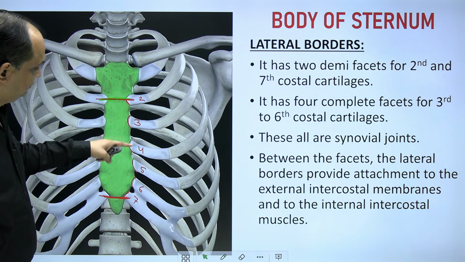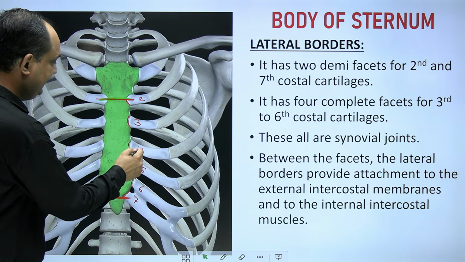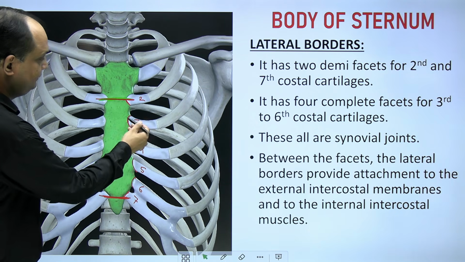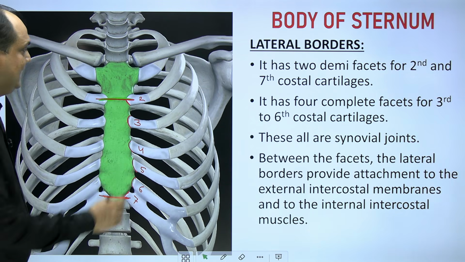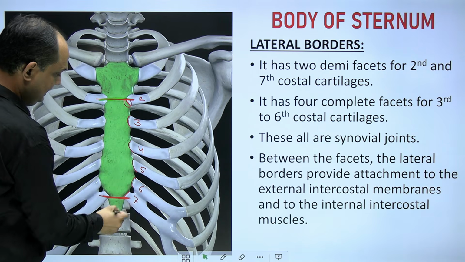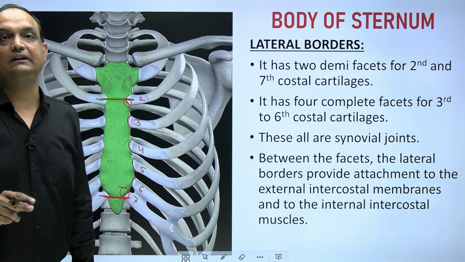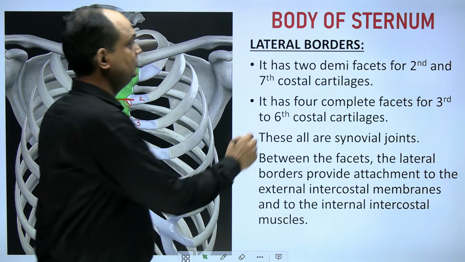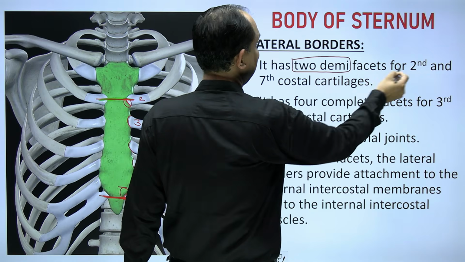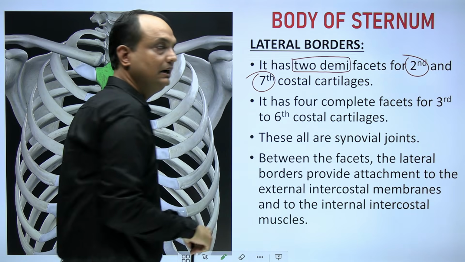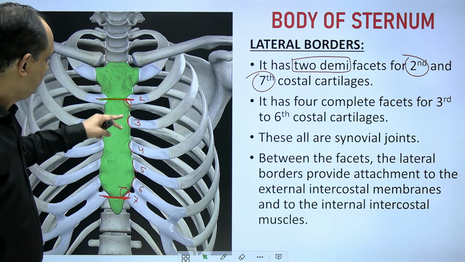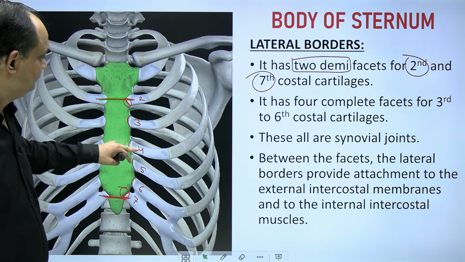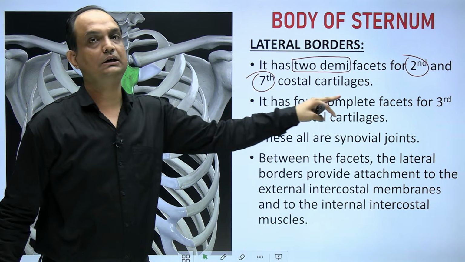So you have 1, 2, 3, 4 complete facets on the lateral side for the costal cartilage, and you will have half and half, meaning 2 demi facets for the second and seventh costal cartilage. So there are 2 demi facets for the second and seventh costal cartilage, and you will have 4 complete facets for the third, fourth, fifth and sixth costal cartilage.